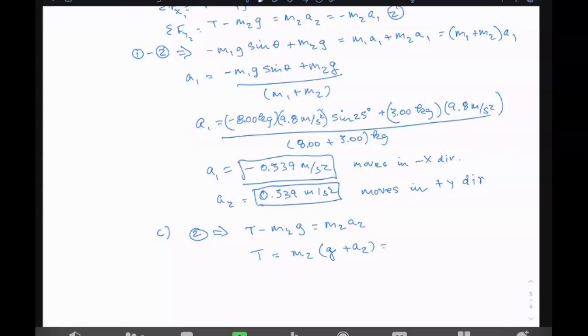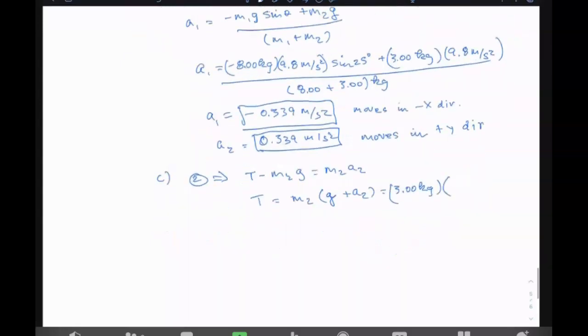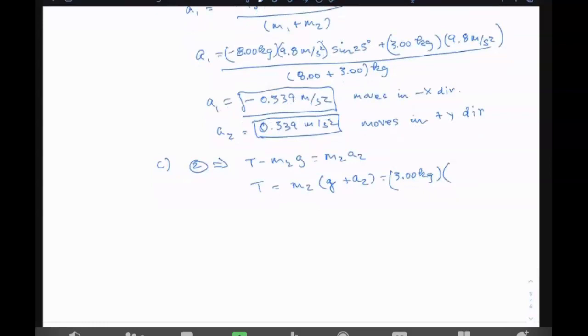And m2 is 3.00 kilograms. And g plus a is, I'm sorry, that's wrong. Let me erase that. No, that's right.